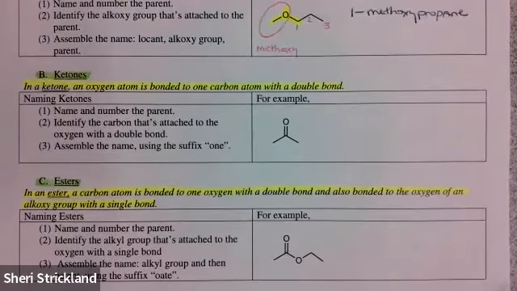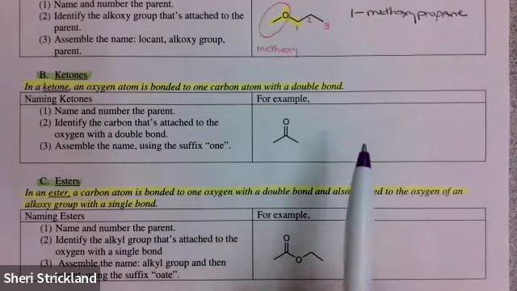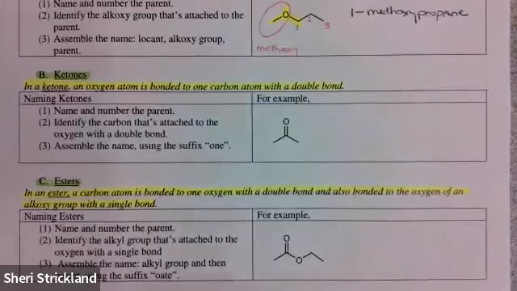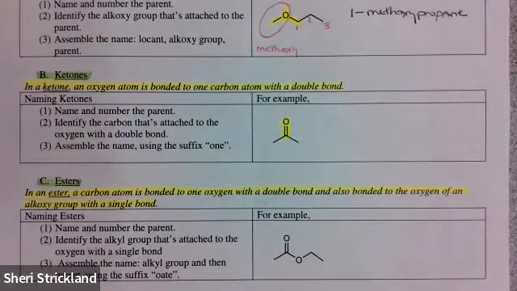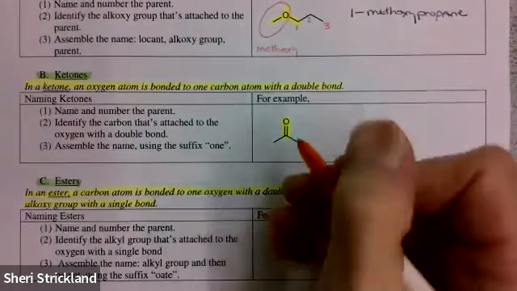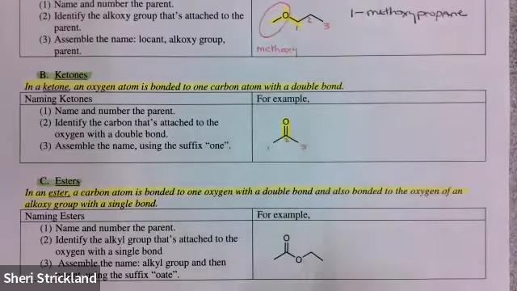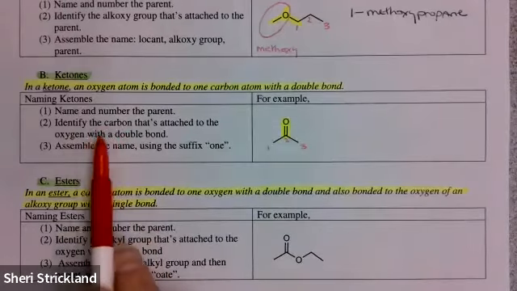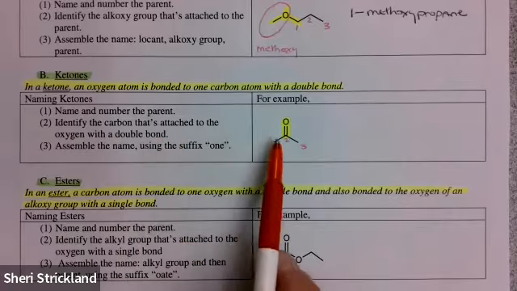All right, with ketones, you've got an oxygen atom bonded to one carbon atom with a double bond. And so you see that right here. So the parent has to include this carbon. Now, in this case, there are only three carbons here. So we're going to name and number the parent. Okay, so this is a propane. Identify the carbon that's attached to the oxygen with a double bond.